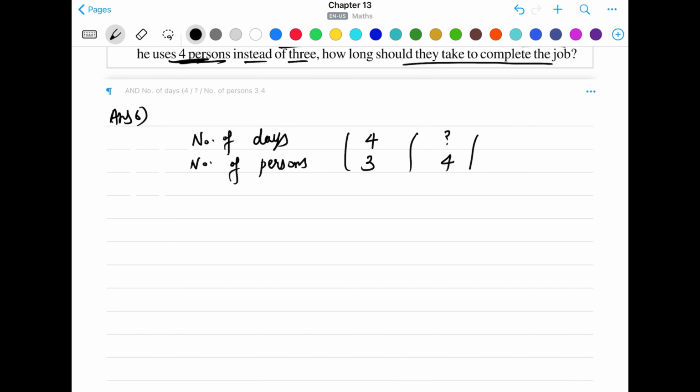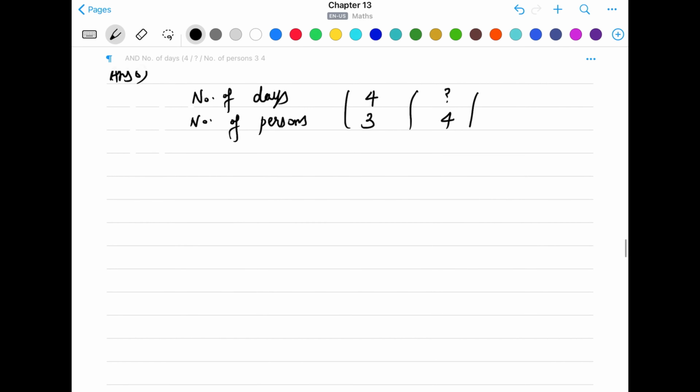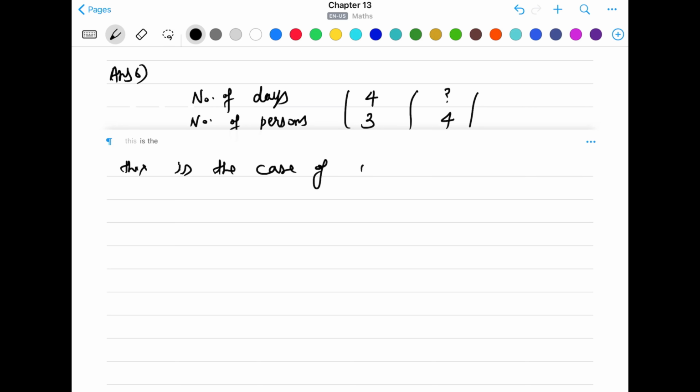Now you can see as the number of workers or persons increases, the time taken by them to complete the job will obviously decrease. So this is the case of inverse proportion.